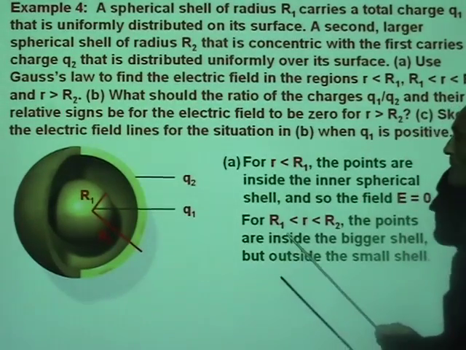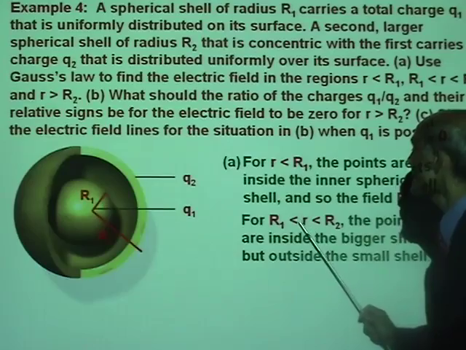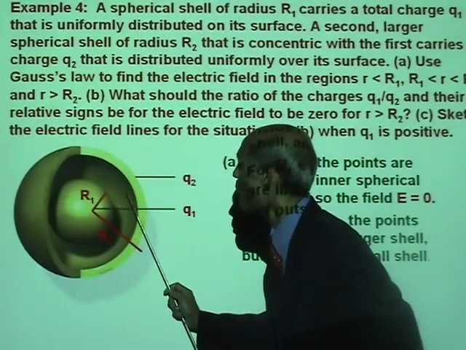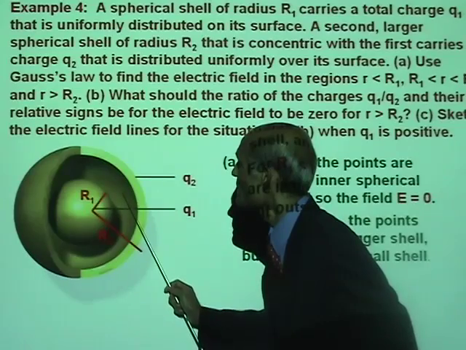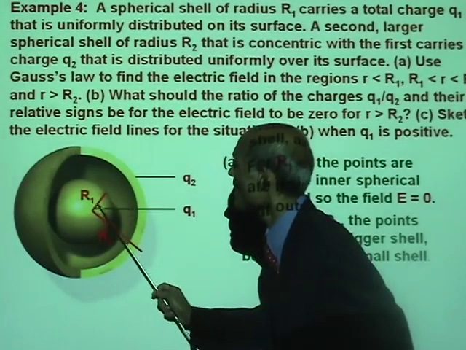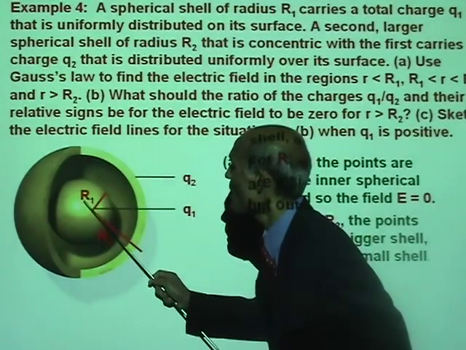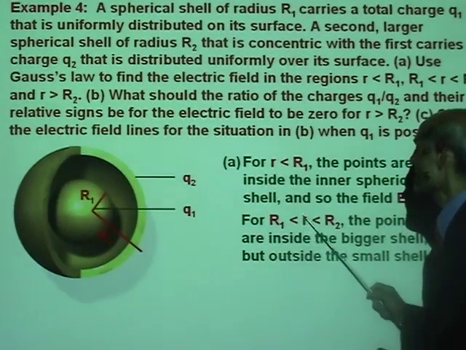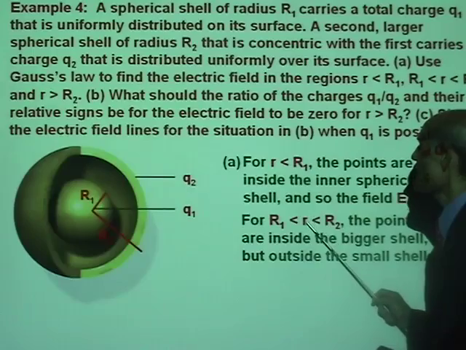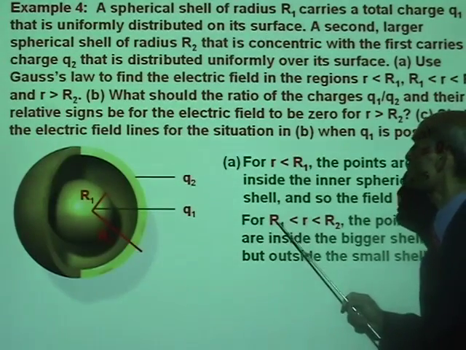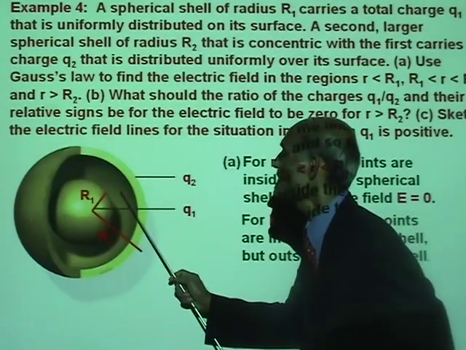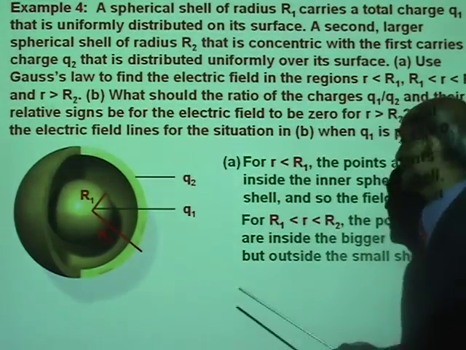to 0. For R1 less than r less than R2, in other words, a point such that its distance r is greater than R1 but less than R2, in a region between the two shells.